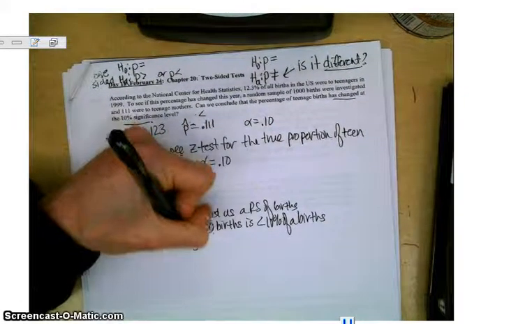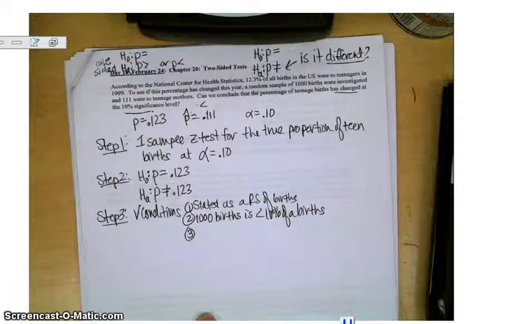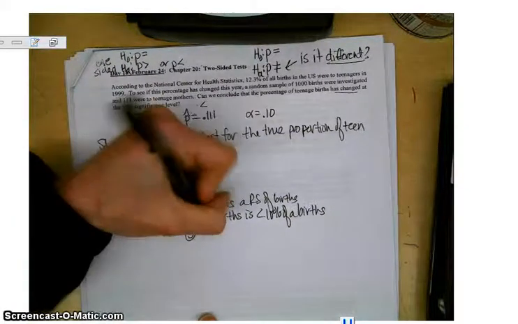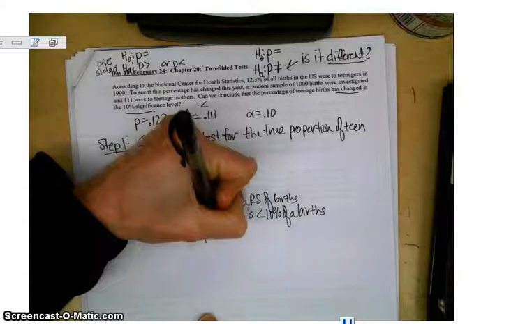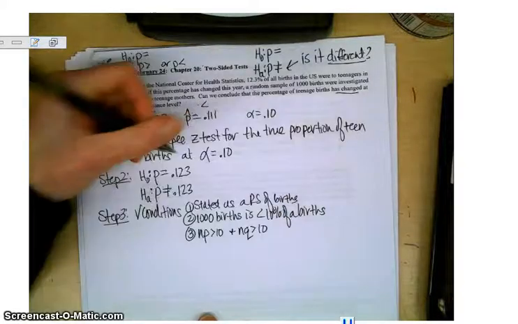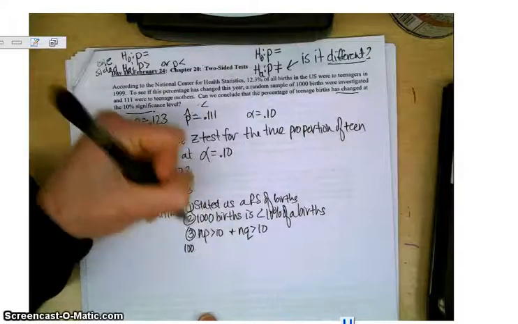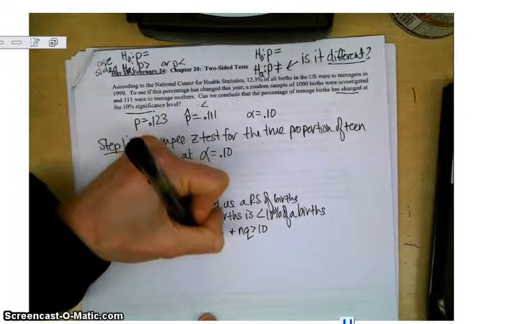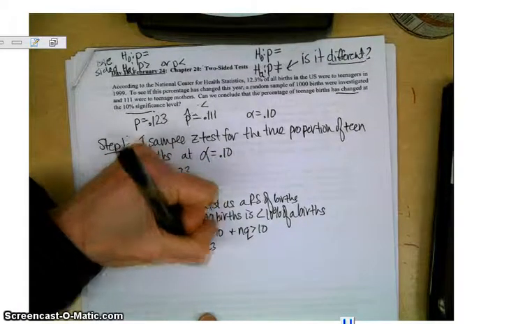And then third, what's our third condition? Large sample size, which in this case is that n times p is greater than 10 and n times q is greater than 10. So if n is 1,000 and p is 0.123, that's 123.